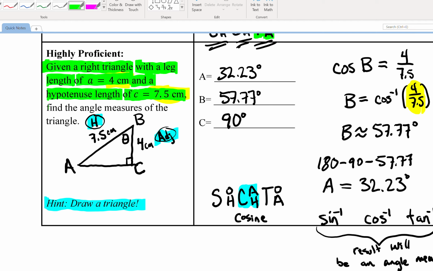Find the angle measures. Encuentre los ángulos, las medidas de los ángulos of the triangle, del triángulo. Y dice, hint, que es pista, dibuja un triángulo, draw a triangle.